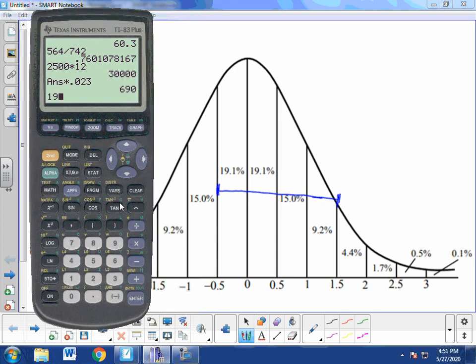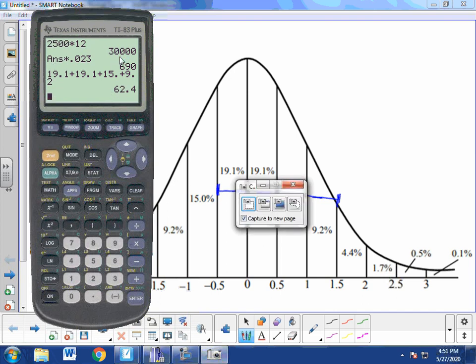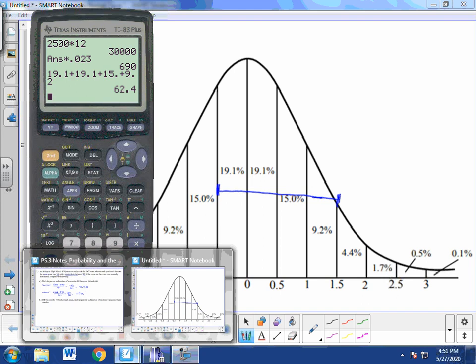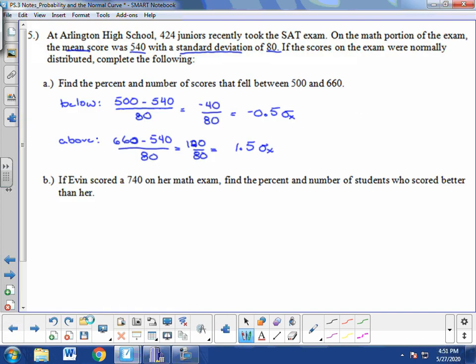If I know that they're normally distributed, I can just use these percentages that they give us here and add those together to figure out that approximately 62.4% of scores were between 500 and 660. So out of the entire population, approximately 62.4% scored within that range.